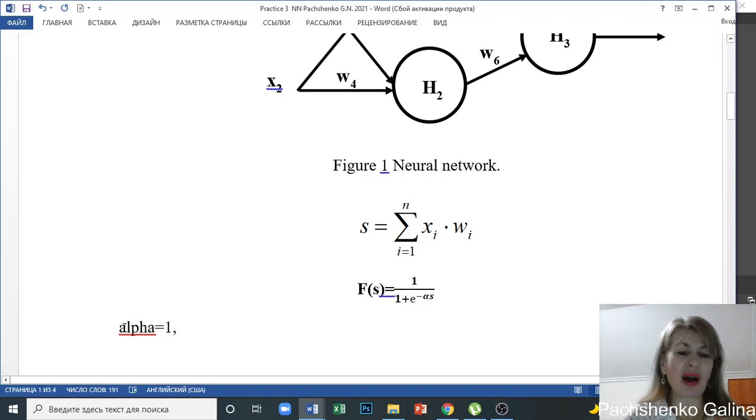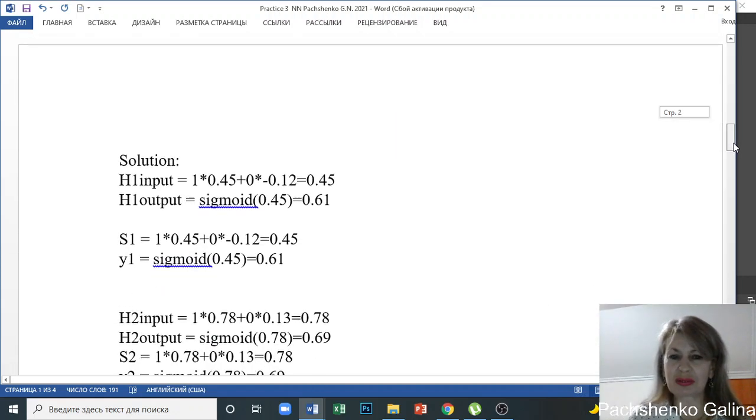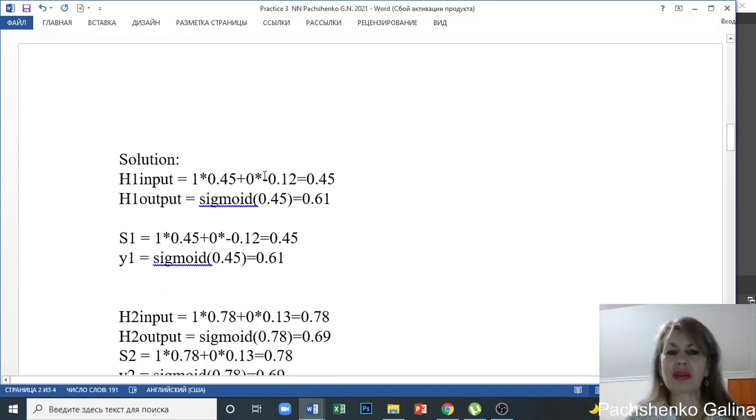Please note, alpha is equal to 1 in this formula. And okay, when we find this output, you may do the second part of our practice. Okay, we'll do it and we'll check it later.